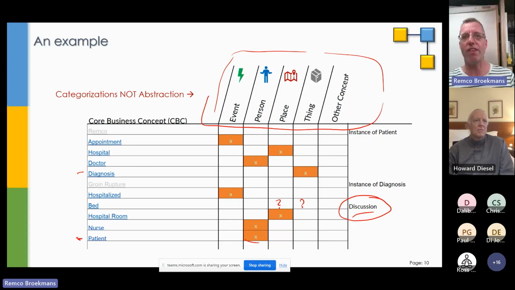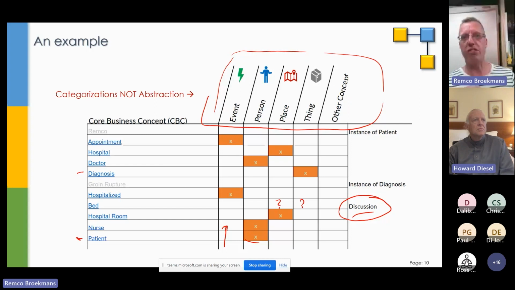And the reason why we categorize is that we can, per category, just say, an appointment and being hospitalized, they're both events, are they the same, yes or no? No, they're completely different events. Is a doctor, a nurse, and a patient, is it really being seen as the same, yes or no? Because we are putting them all in the category of a person, yes or no.